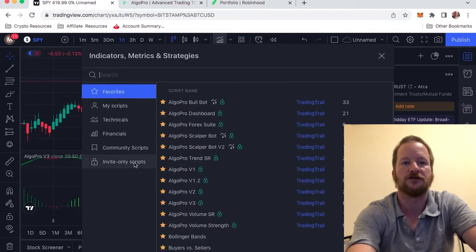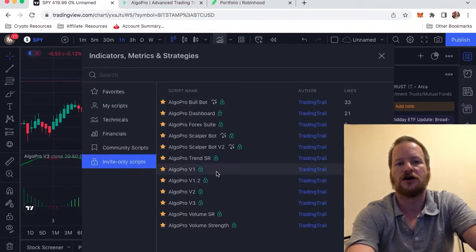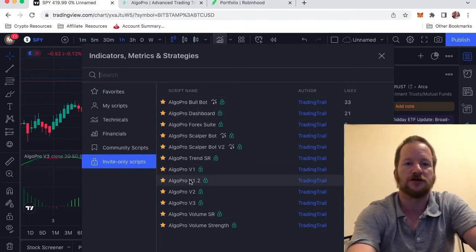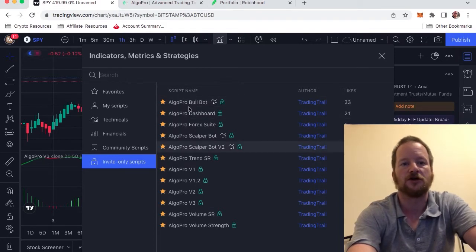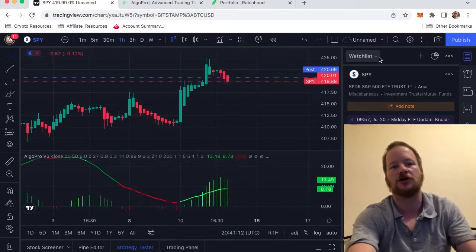You'll click on this, and it'll take you to all the scripts from them. The only one we're using right now is Algo. All you have to do is click on AlgoPro version 3. That's really the only indicator you need.